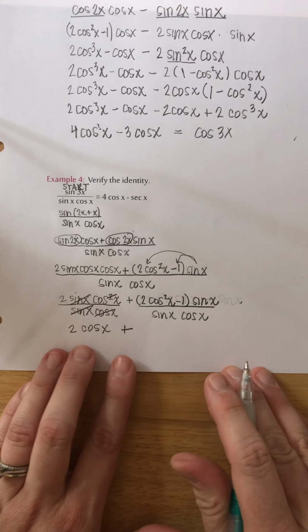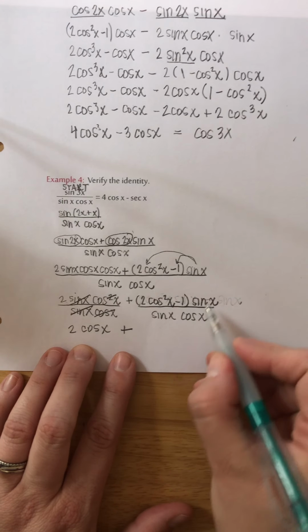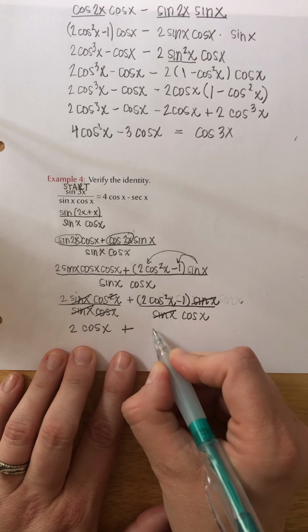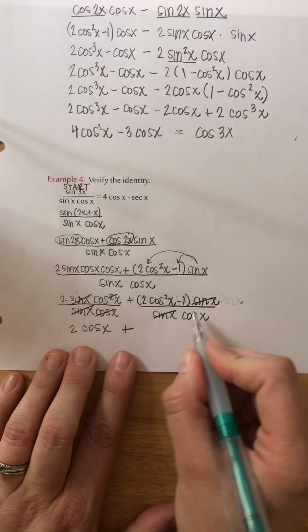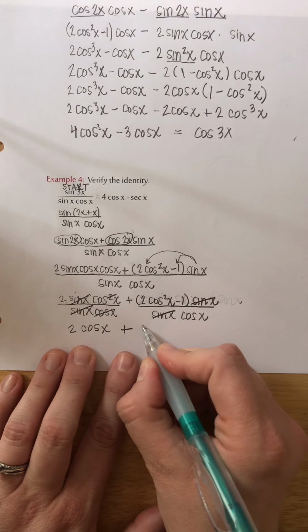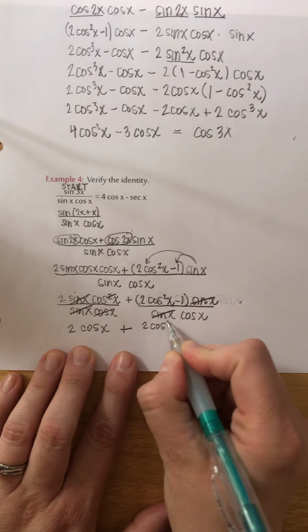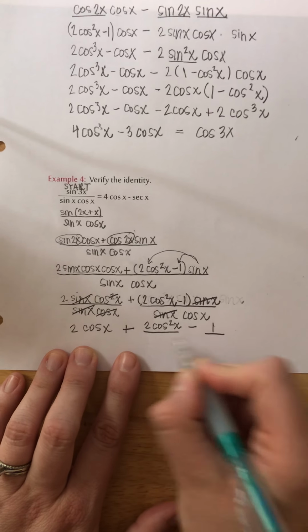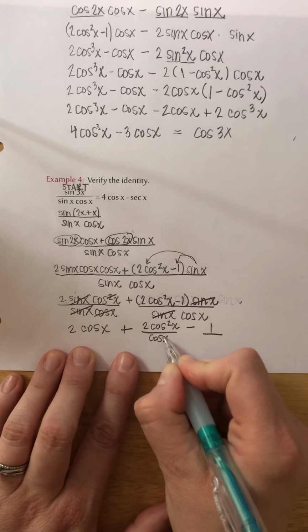All right, let's see what's going to happen with the second fraction. Sine x is going to cancel out. We're going to be left with 2 cosine squared x minus 1 over cosine x. What if we break that up into 2 fractions, both having that denominator of cosine x?